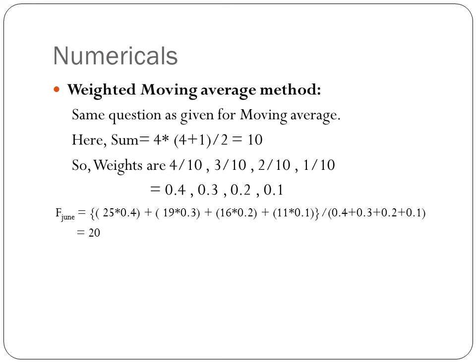So 11 into 0.1, 11 for February, and the least weightage 0.1 is given to the month of February, divided by W1, W2, W3, W4, added, which you have got, 0.4, 0.3, 0.2 and 0.1. Then the forecasted value of June would come out to be 20 using the weighted moving average method.